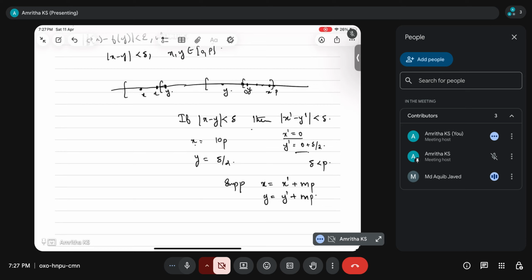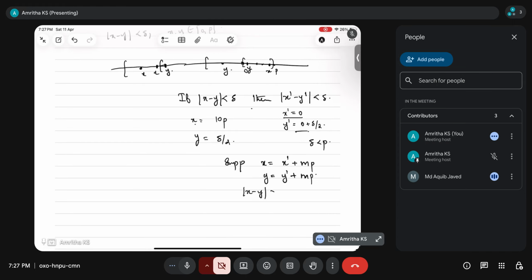If these are distinct mp and np, then I think the mod of x minus y will be greater than p.